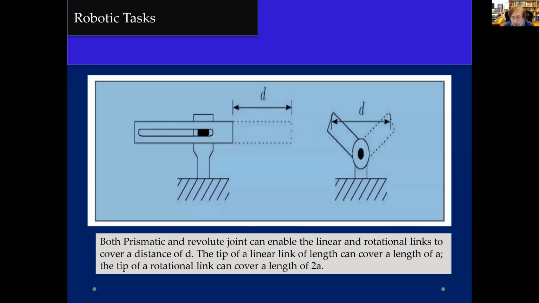Yes. Revolute joints may also provide an ability of covering such a distance. And this is just a foretaste of how the joints are related to the configuration space.